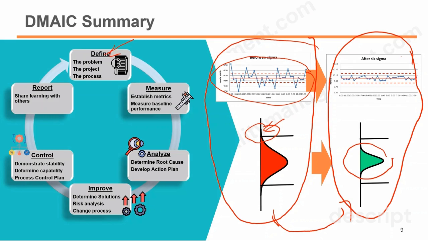understanding the problem and also the process map, measure, establishing the metrics, the key parameters to measure and measuring the current or baseline performance, analyze by determining the root causes that could have caused those variations, improve by determining the solution, with some risk analysis performed, and control to standardize all those solutions in a documentation form such as a process control plan to ensure that it's followed through, and finally demonstrate sustainability and also stability that is here.